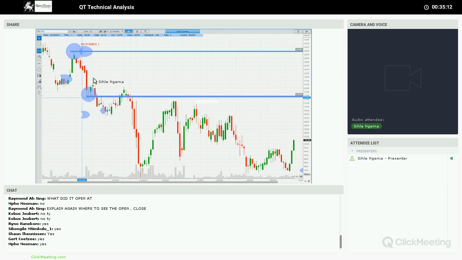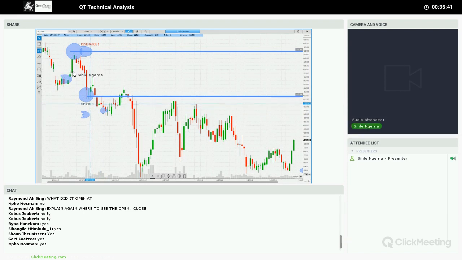It went up a bit, right? When it went up a bit, it changed direction again. So right here on this line, I have support. This is my support 1 that I have here.